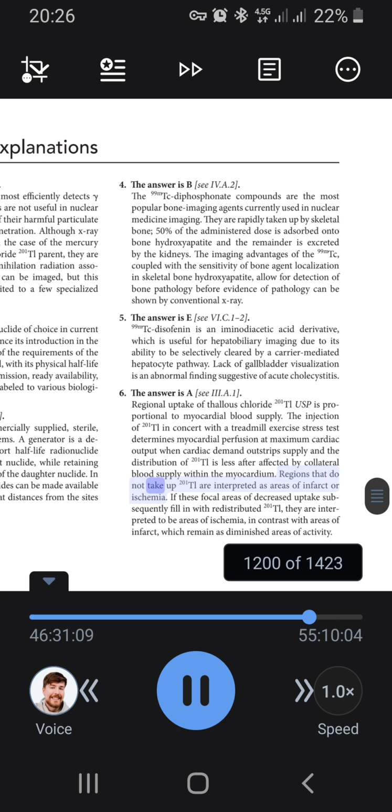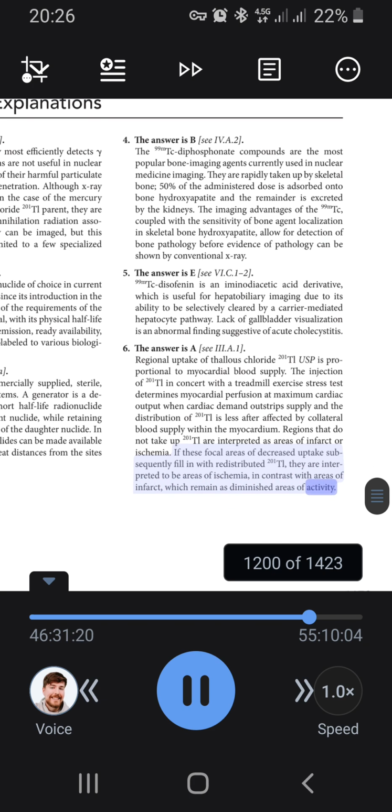Regions that do not take up 201Tl are interpreted as areas of infarct or ischemia. If these focal areas of decreased uptake subsequently fill in with redistributed 201Tl, they are interpreted to be areas of ischemia, in contrast with areas of infarct, which remain as diminished areas of activity.